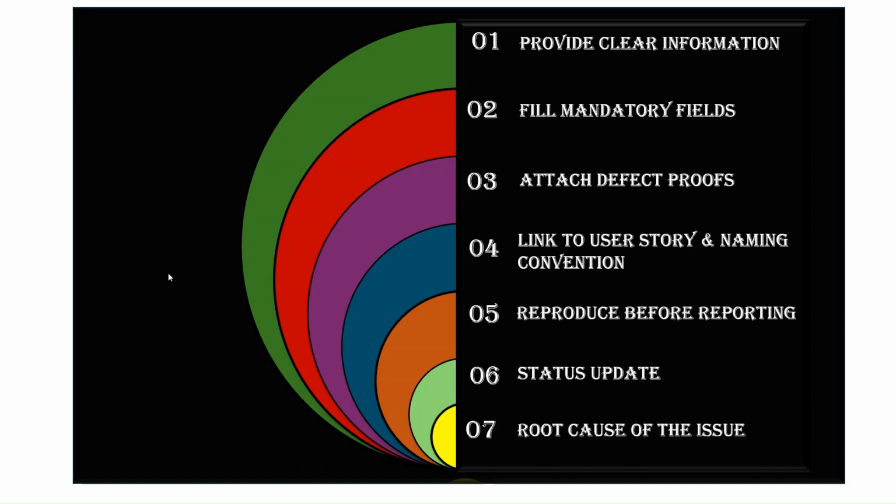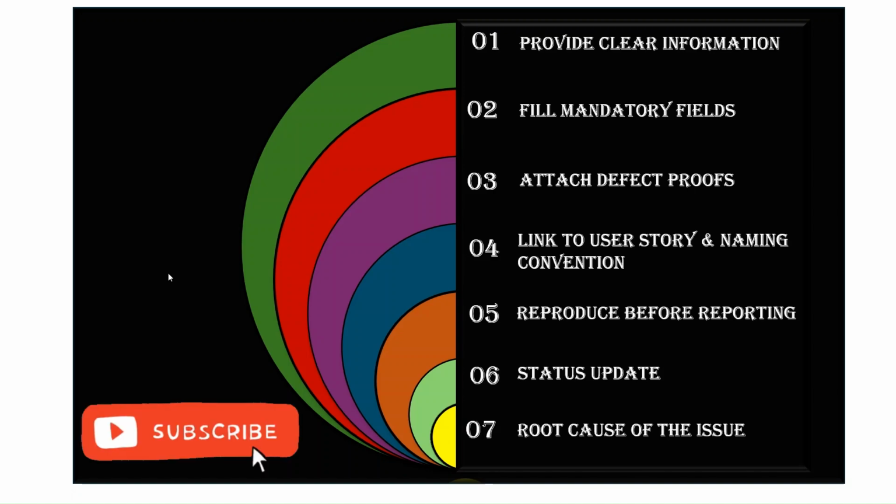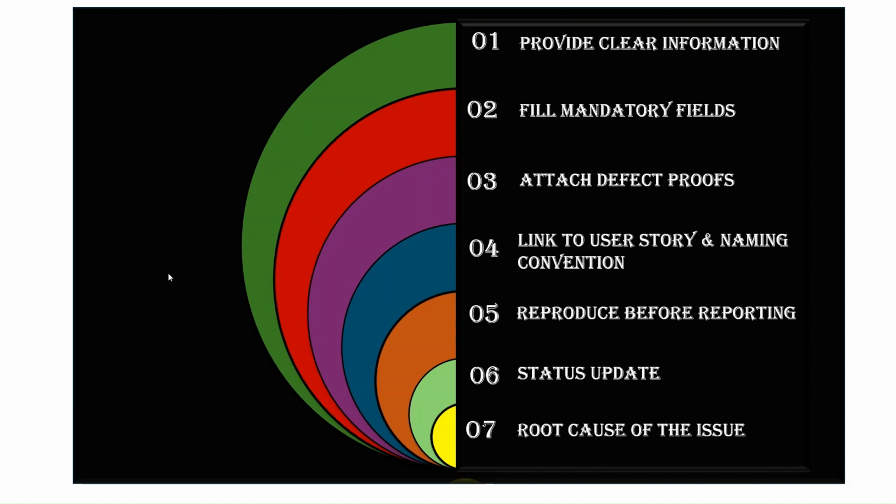Then such issues can be avoided in the future. Also, if any such issue reoccurs, it would be easy to refer to this defect again and understand why we got the same issue once again. So adding and updating the root cause of the issue before closing the defect, and the testers understanding the root cause, is really important.